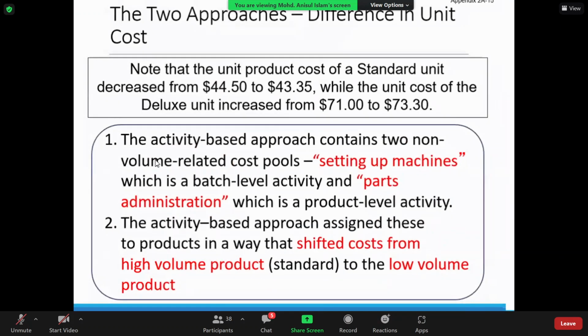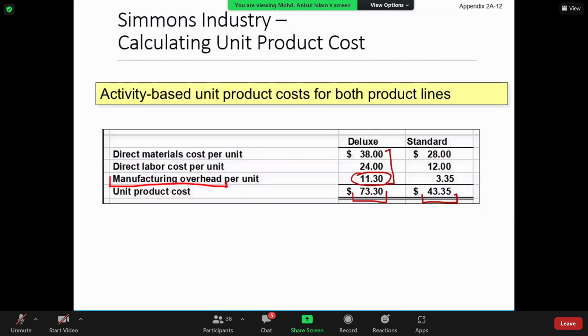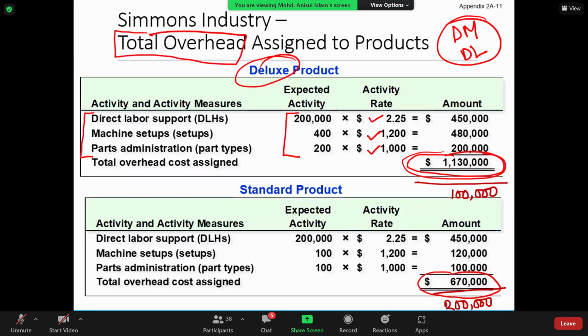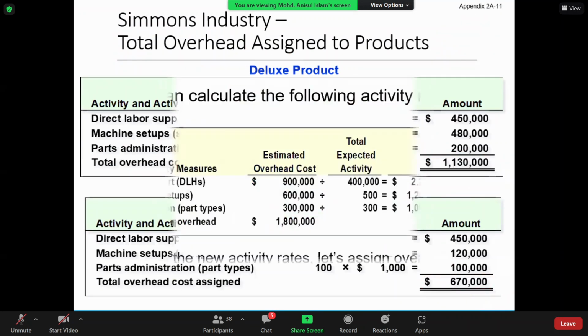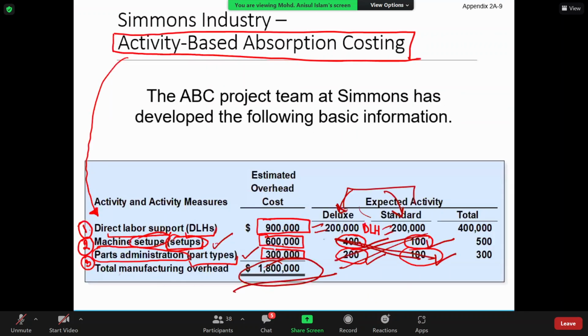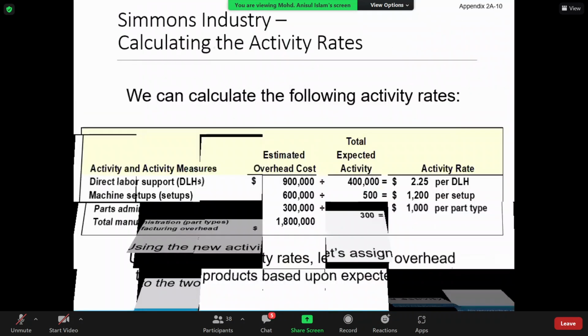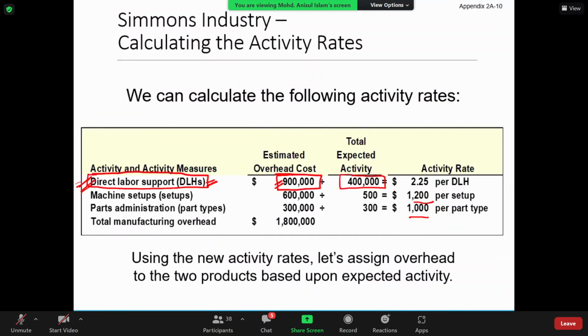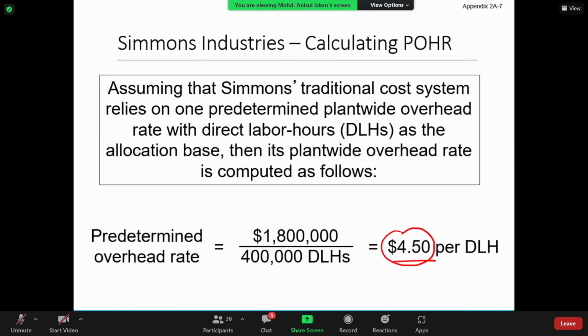If you ignore the differences in activity, you are not determining the overhead rate separately. Rather, what you are doing is taking this number and dividing it by the total direct labor hours, using the traditional approach here, 400 direct labor hours.